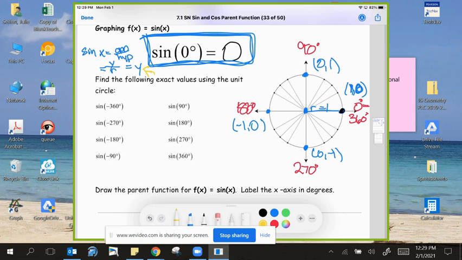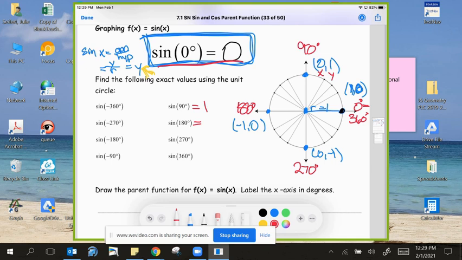It's y. Yes. Sine is y. So as we look at each of these measures, we're going to look at the y coordinate of the point. Sine of 0 is 0. We've got that one. Sine of 90. What's the y coordinate of the point at 90? 1. Sine of 90 is 1.